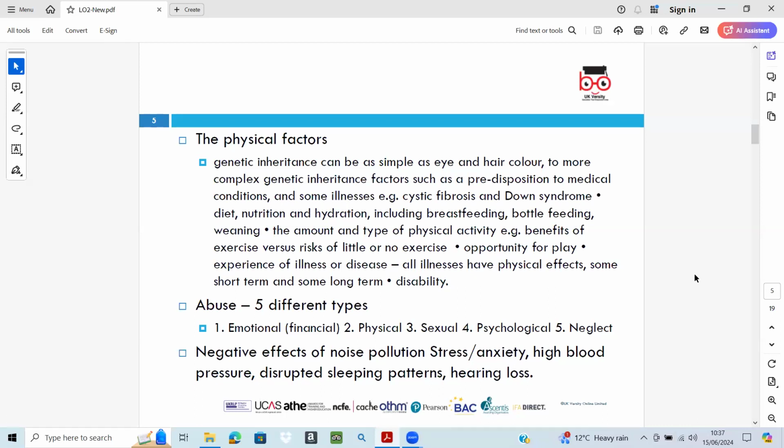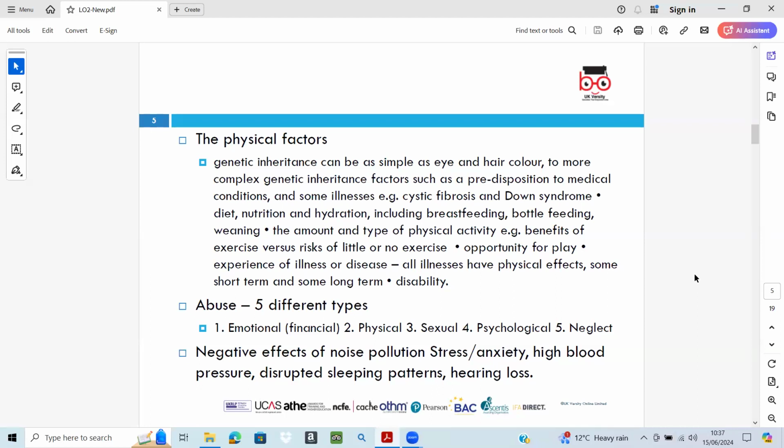And then we have diet, nutrition, and hydration. Proper nutrition and hydration are essential for healthy growth and development from childhood through adulthood. Then we have some examples like breastfeeding and bottle feeding.